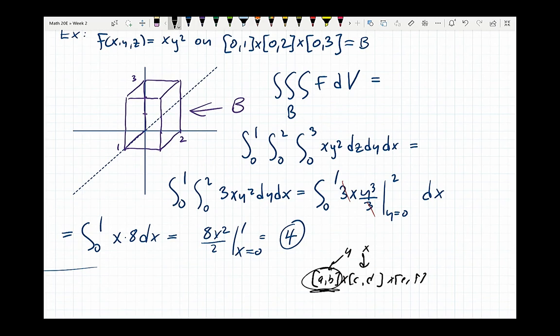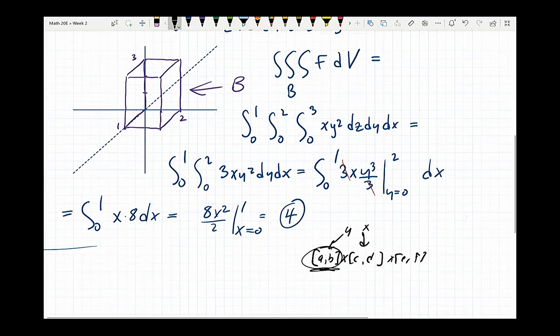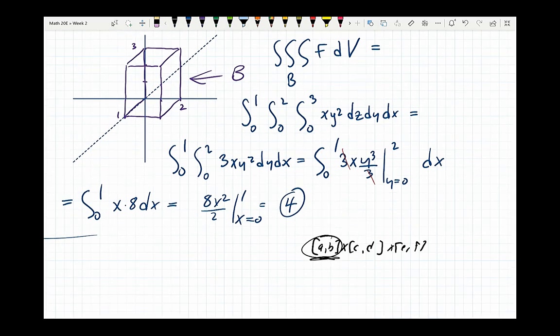Since this interval is written first, that corresponds to whatever coordinate you continue to keep writing first, and by convention, we always call that x. So that's the short answer. It's super rare that you would ever see it any other way.